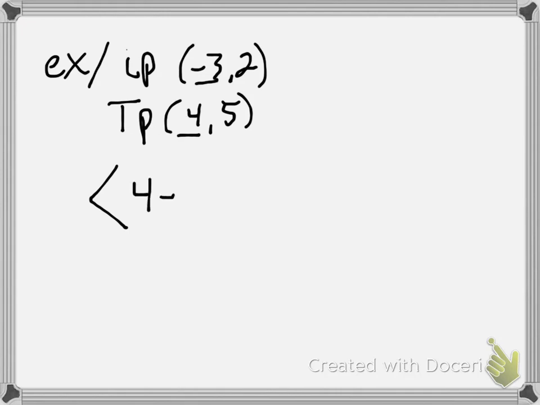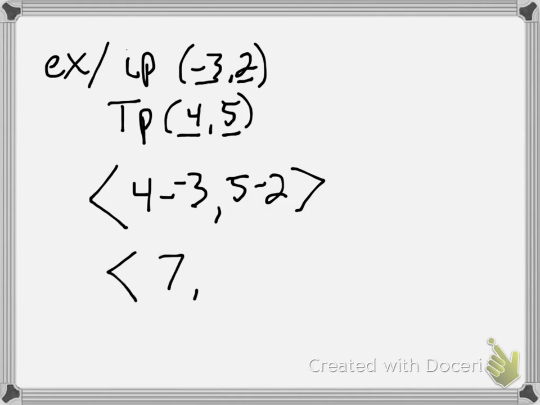So 4 minus negative 3, and then our terminal y minus our initial y, so 5 minus 2. Well, 4 minus negative 3 is 7, and 5 minus 2 is 3. So there's our standard position vector. Again, those are not 7s, by the way. I'm very sloppy writing, but either way.